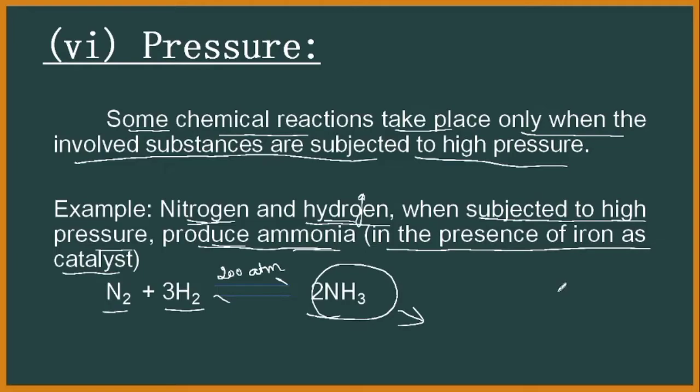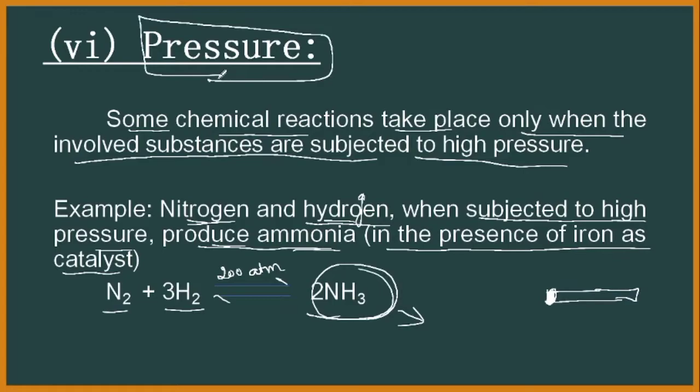For example, dip a glass rod in concentrated hydrochloric acid, that is HCl, and when you bring this glass rod near the ammonia gas, it produces white smoke. That means a solid forms, the ammonium chloride. So that confirms that the produced gas is ammonia. Okay, that is the condition of pressure.